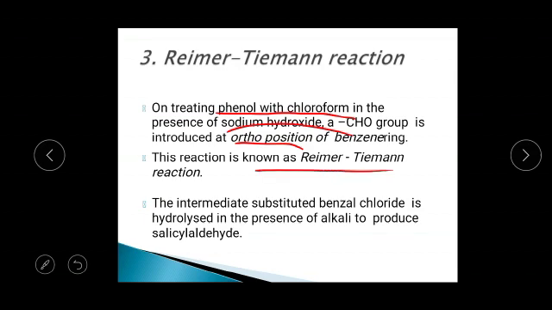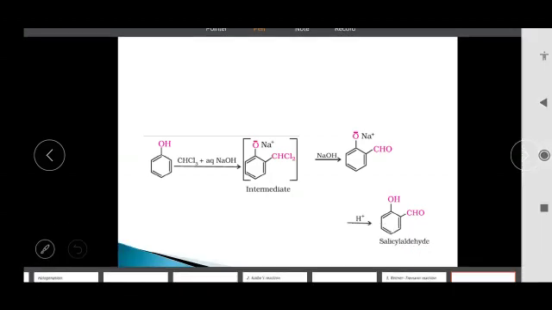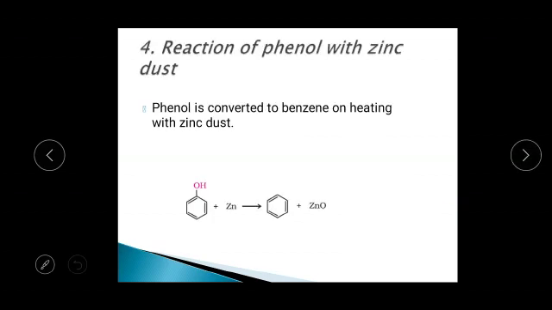In Kolbe's reaction an acidic COOH group is introduced, but in the Reimer-Tiemann reaction a CHO group is introduced. Phenol treated with CHCl3 in aqueous NaOH gives an intermediate, and further treatment with NaOH gives salicylaldehyde.